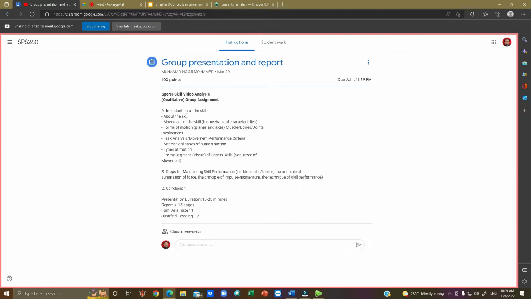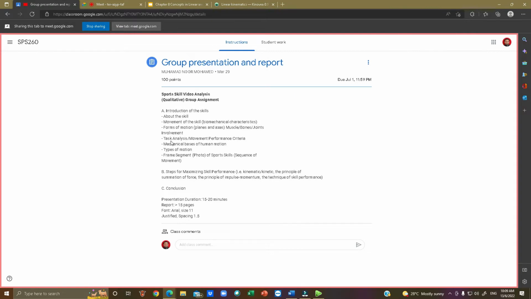What sport skill do you intend to present? Movement of the skill in terms of biomechanics. All those positioning terms, superior, inferior, flexion, extension, all of those things need to be included in the introduction part of your analysis.